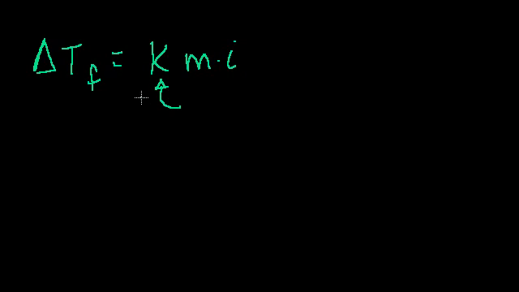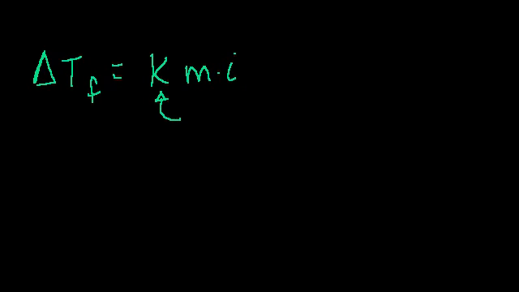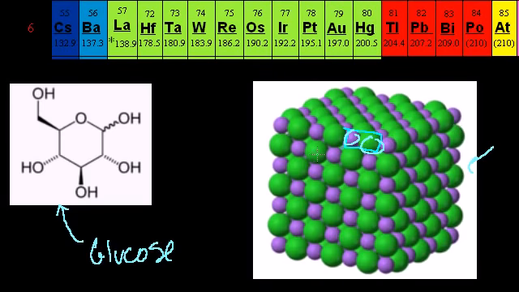But the really big takeaway is that even if you have a mole of this and a mole of that, dissolved into the same amount of water, because this dissociates into 2 moles for every mole of the crystal you have, and this doesn't dissociate, it just stays as 1, this will have twice as large an effect on the freezing point change or on the boiling point elevation than the glucose will.